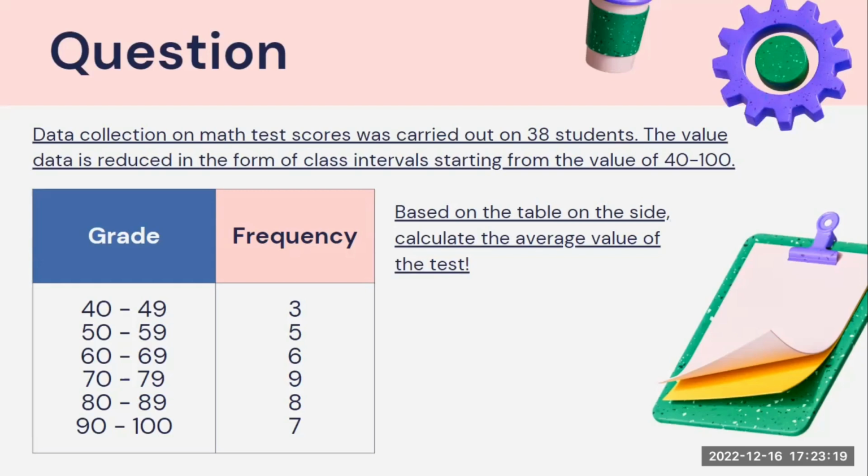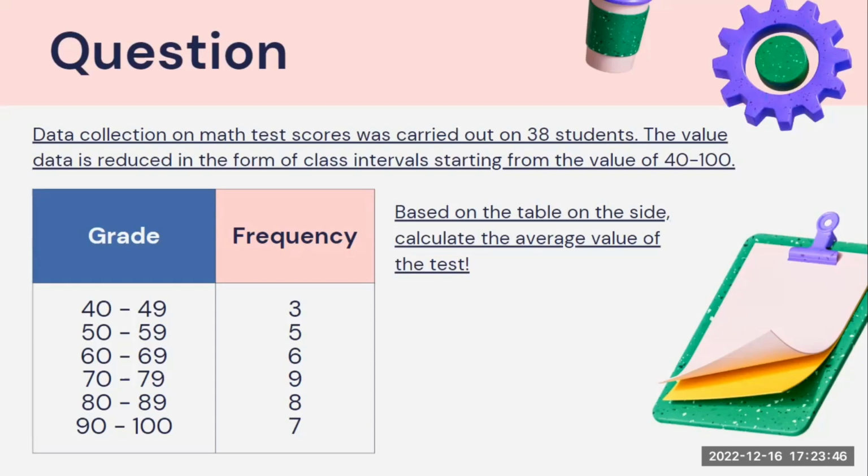So, the question is, based on the table on the side, calculate the average value of the test. But before stepping into the settlement, we first recognize from the question what is the material. From the question above, we can know that to solve the question requires statistical material, namely mean or average.